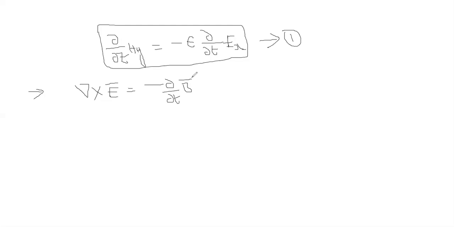So what are the components of the b bar in the Cartesian coordinate system? Dou by dou t of bx ax bar plus by ay bar plus bz az bar.